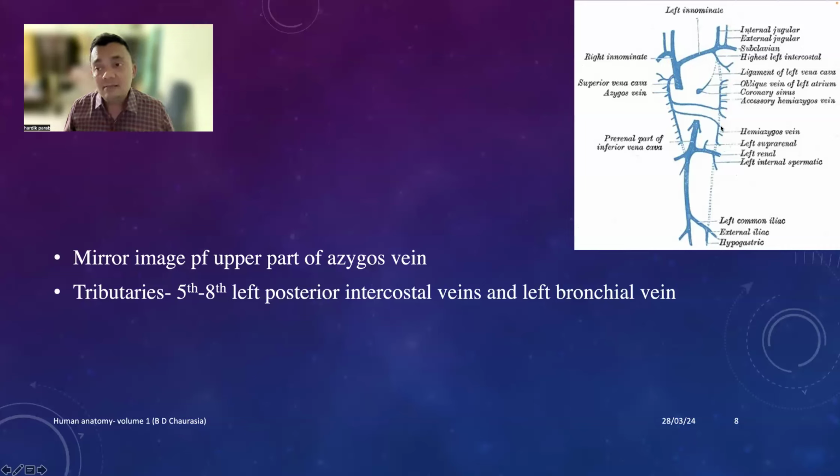On the left side, it is not a continuation; it makes the hemiazygos and accessory hemiazygos veins. These two structures are mirror images of the azygos, which is on the right side. In the same way, on the left side you have these two veins, and in that way they make one of the important venous structures of your thoracic cavity.